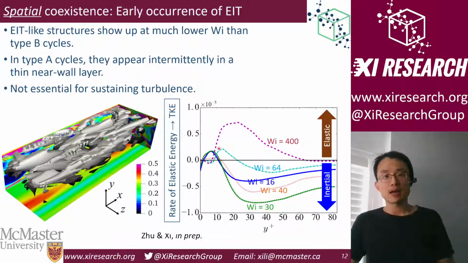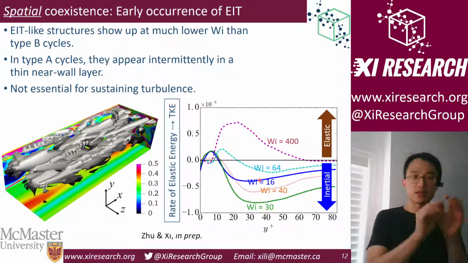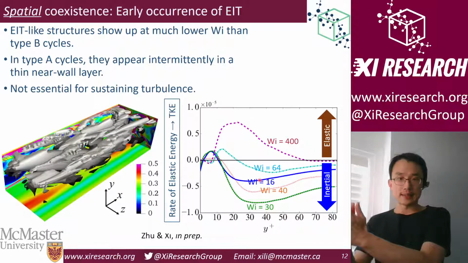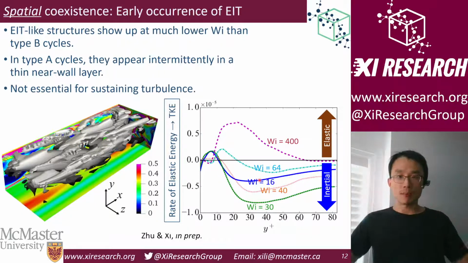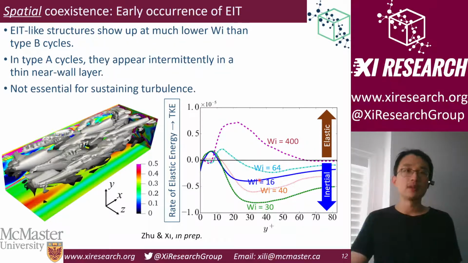We can confirm that by looking at the rate of energy conversion from elastic energy to turbulent kinetic energy. We can see that there's a small positive peak near the wall here at a Weissenberg number as low as 16. So we do have this EIT-like structure that is coexisting with IDT spatially in the domain at a much lower Weissenberg number in type A cycle. It's just that they were not dominant back at that level.